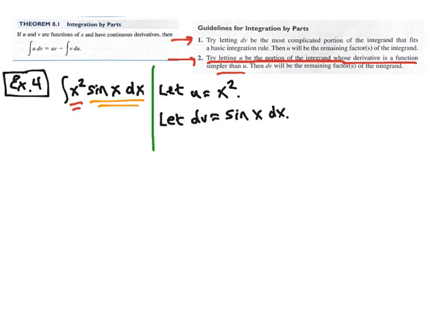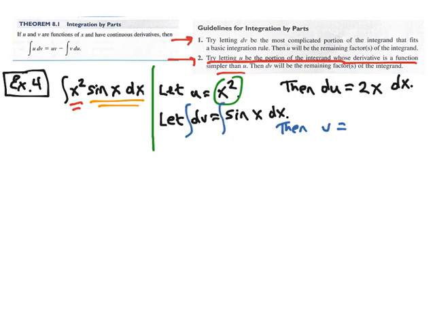So now we will find du. Du is the differential of u. So you take the derivative of x squared, which is going to be 2x. So you have 2x dx. Now you need to find v. To find v, you integrate both sides of this equation here.